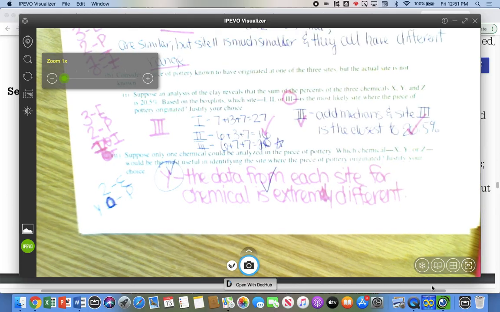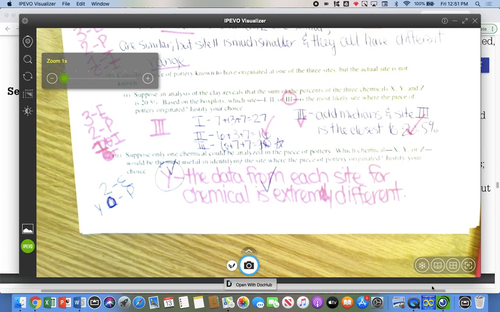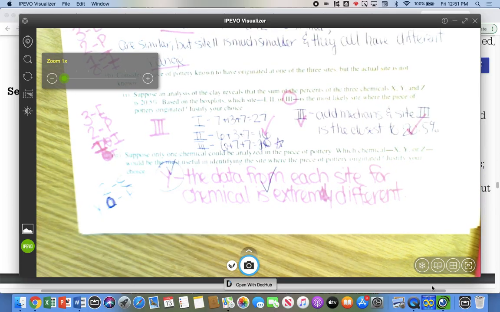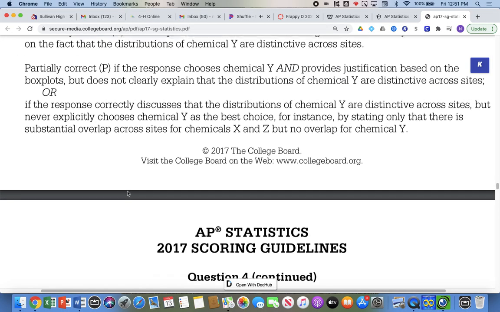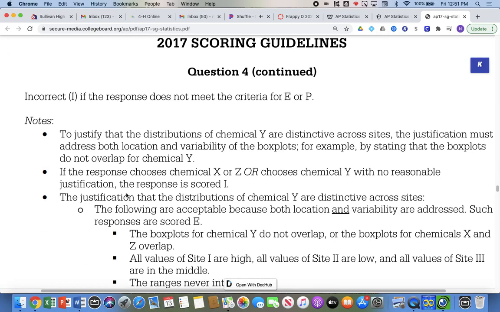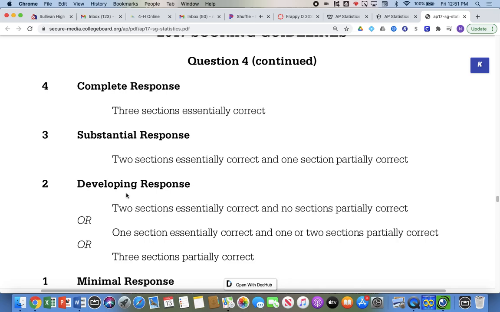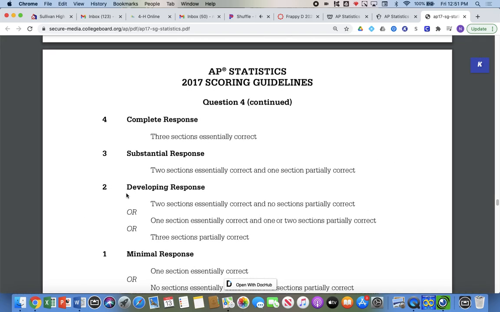All right, so how many of you guys got an E on this one? Yay, this is good. Hopefully everybody had E's and P's here. So then for the final scoring, in order to get a 4, you had to have 3 E's.